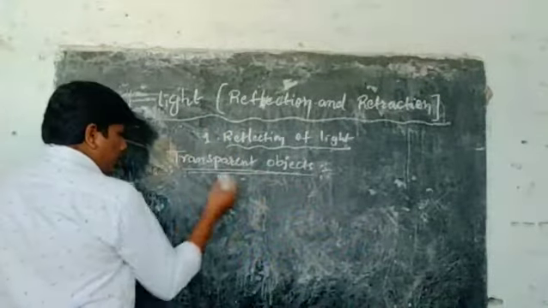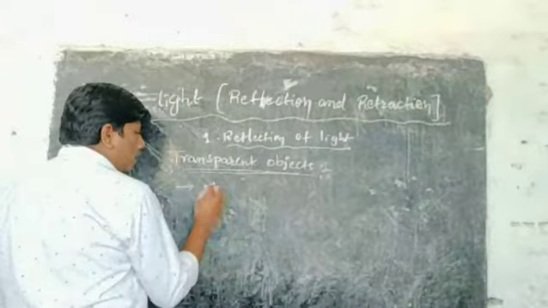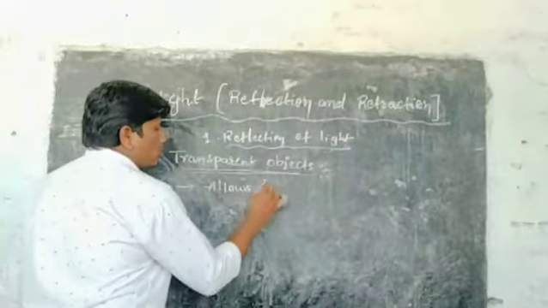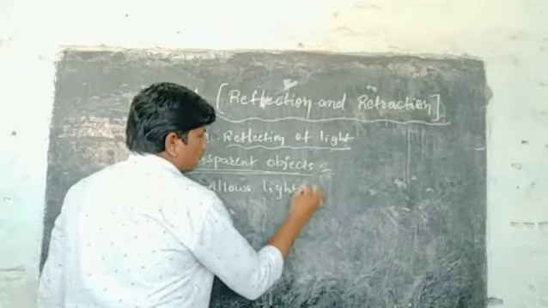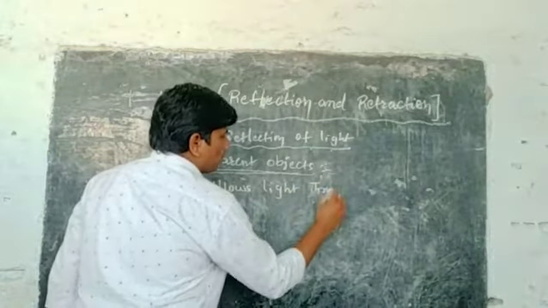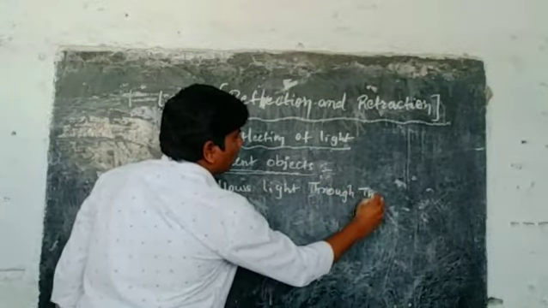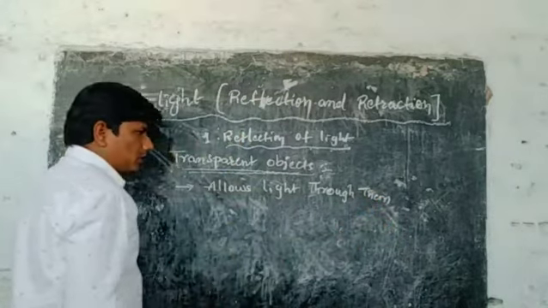Simple. Transparent objects means the objects which allow light through them. Objects that allow light through them are known as transparent objects.